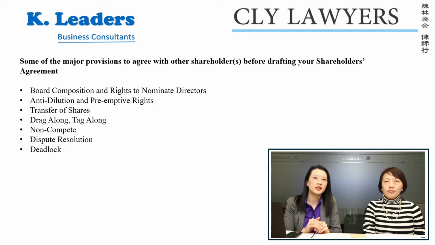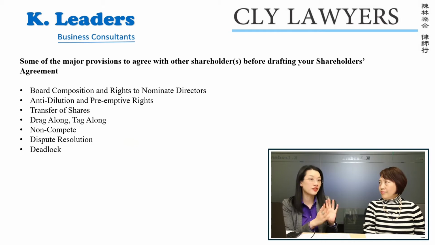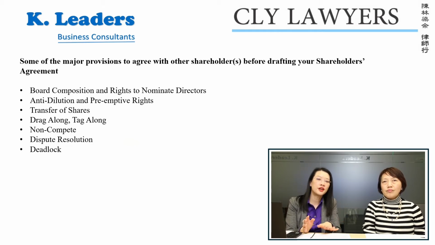In a shareholders agreement, you're going to see dispute resolution provisions and also deadlock provisions. These provisions are catered for the situation that you just described. So in the event that business cannot be passed at the board level because somebody is not cooperating, then what would happen? A lot of times, the deadlock would be referred up to the shareholders to be decided at the shareholders level.